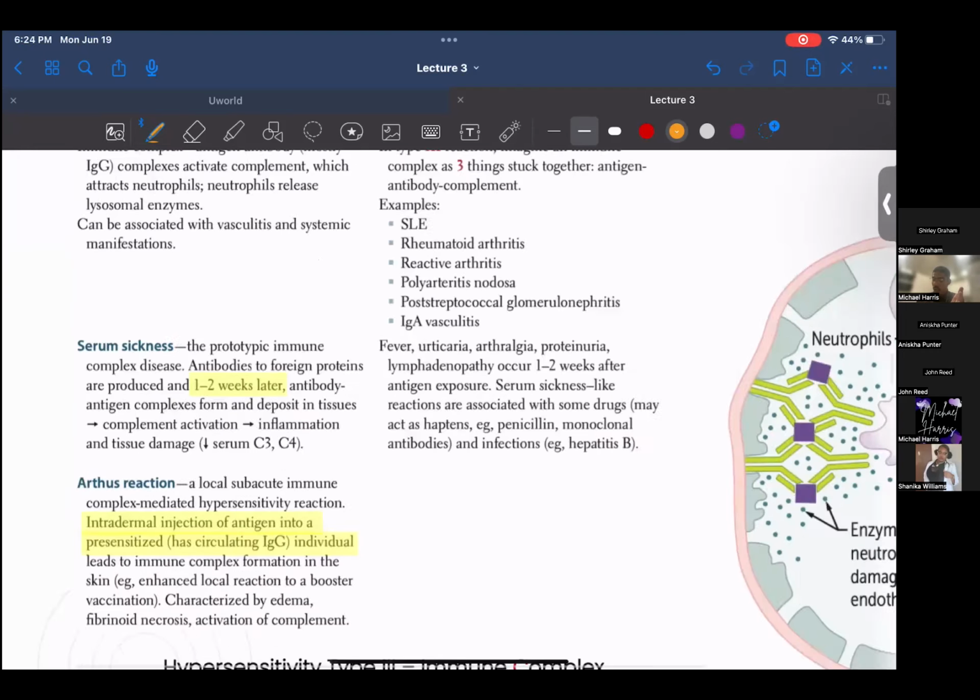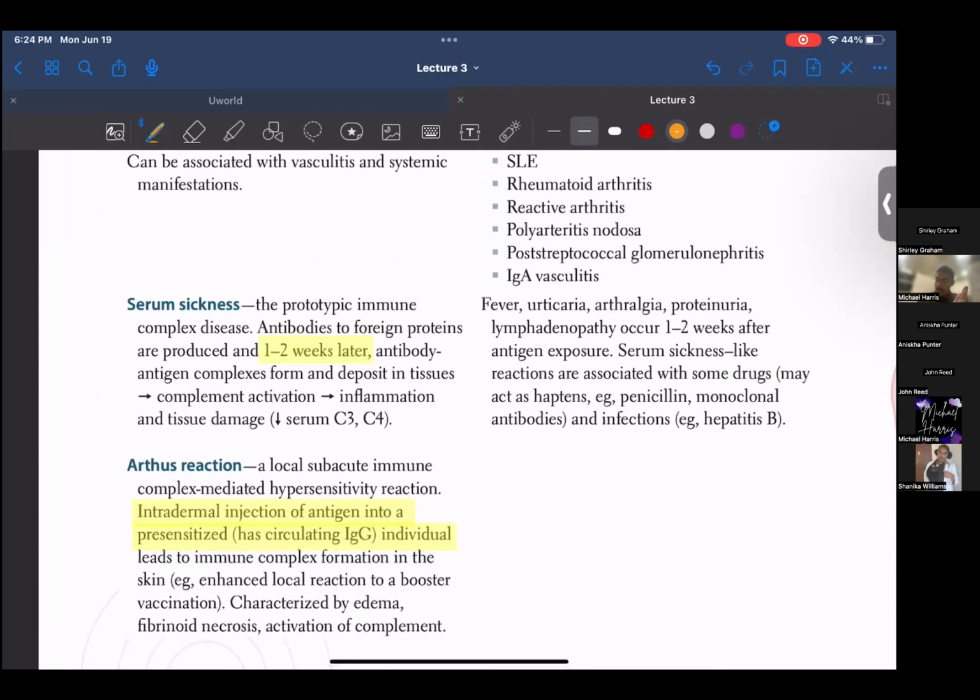Now, there's also what is known as the Arthus reaction. What I just explained to you is also known as serum sickness, where you develop this arthritis, this vasculitis, this nephritis. That's serum sickness, essentially.